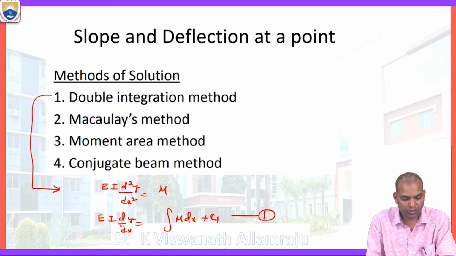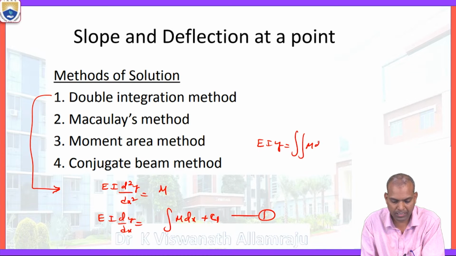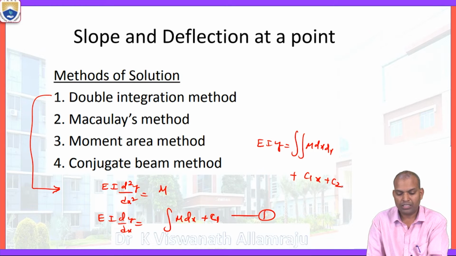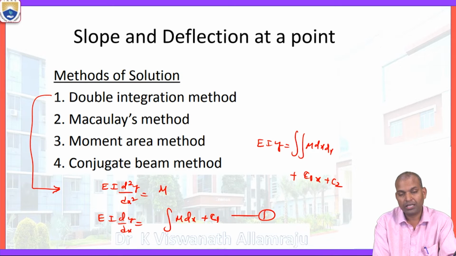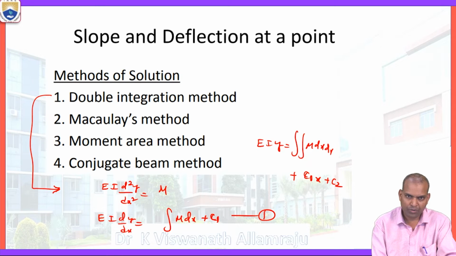Next, if you integrate the slope equation, EI times y equals double integral of M dx dx plus C1 x plus C2. This C1, C2 are known as constants of integration. These constants of integration are calculated by using boundary conditions. How many boundary conditions?